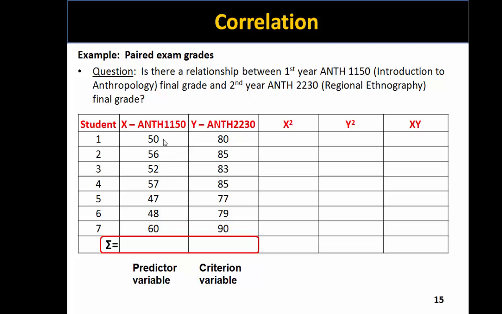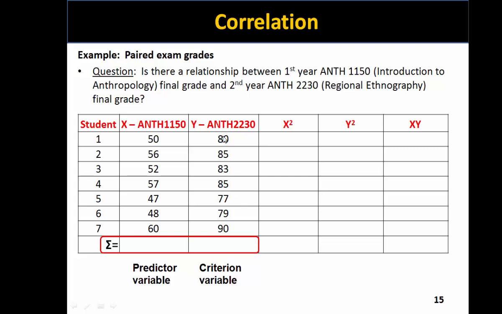And the first step is, once we make this table, we sum all of the scores for X vertically, and we add up all the numbers, and we place the answer in the cell beneath the row for the last participant. And recall that uppercase Greek letter sigma is the symbol used for summation, which is arithmetic addition.